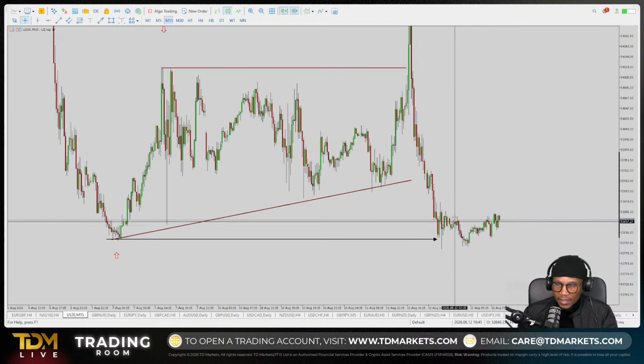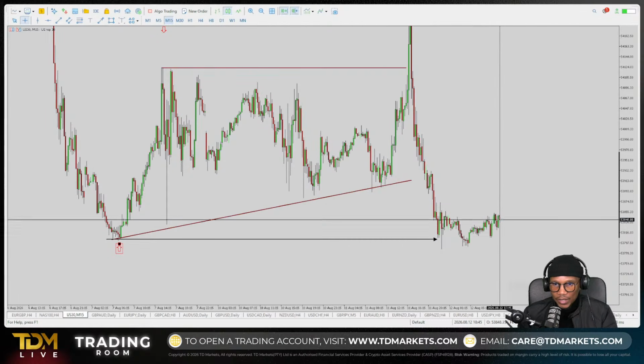It might happen, it might not happen, because price already came back down to this low, right? Nothing stops price from going down one more time.